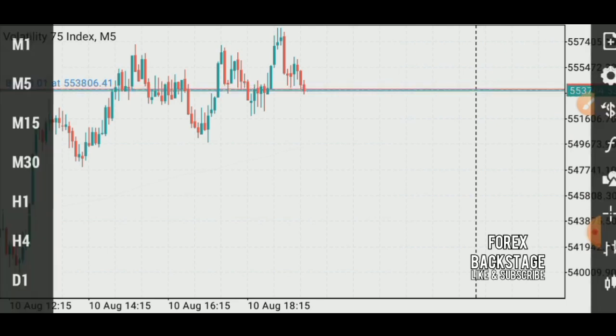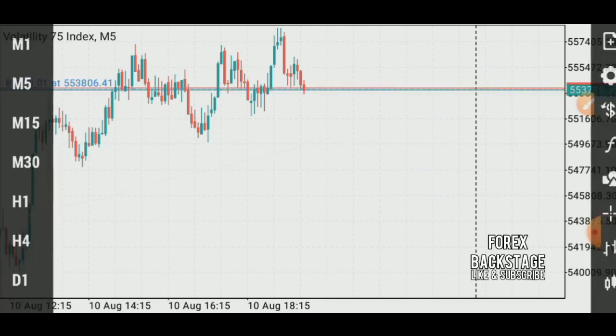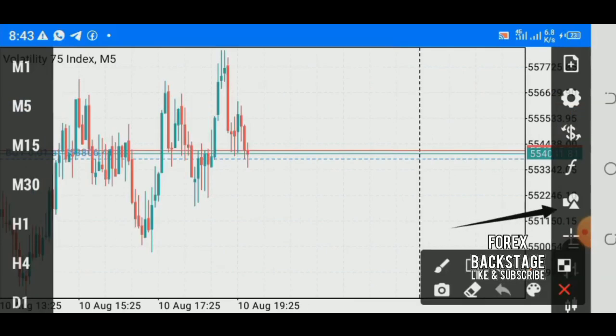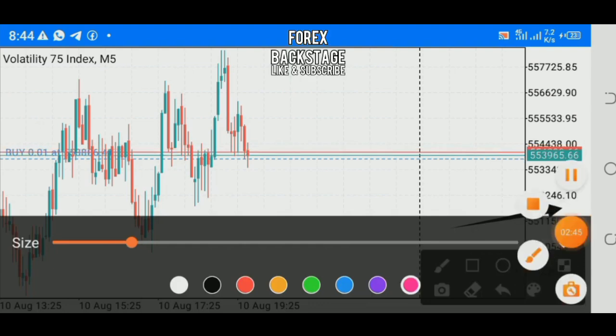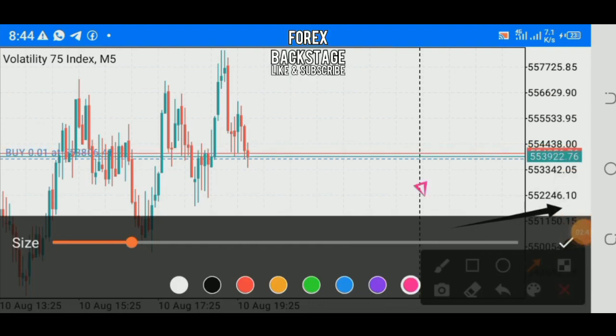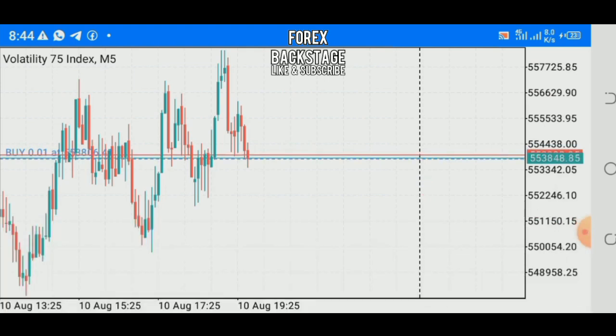Now, for you to draw your support and resistance, you can find your lines on this icon here. Let me change the color. Let me remove this.